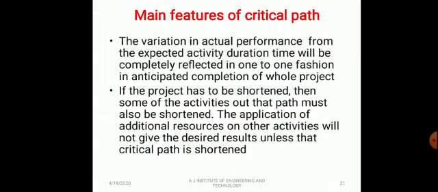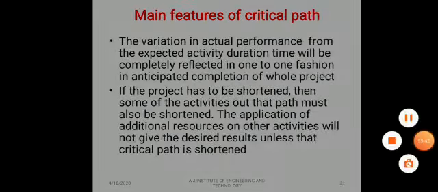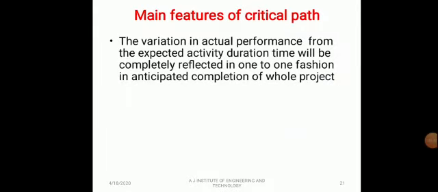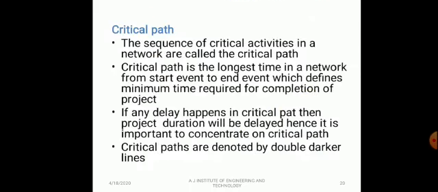By seeing these examples, we get the features I told about the critical path method. This is very, very important. The sequence of critical activities in a network is called the critical path.